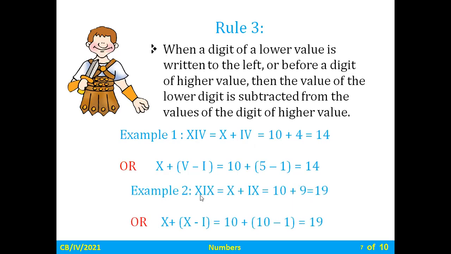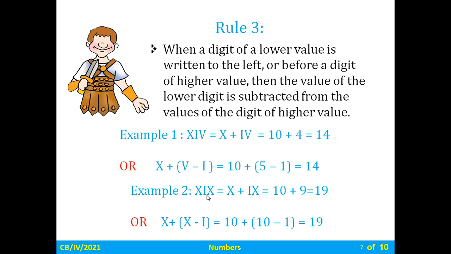Now another example is XIX. That means again X plus IX, which means 9. So 10 plus 9 gives us 19. And you can understand it this way also, that is X plus X minus 1. Now how is 9 written? IX.